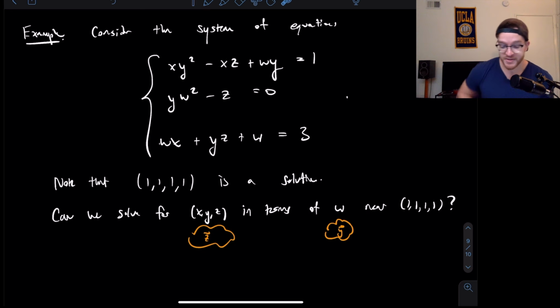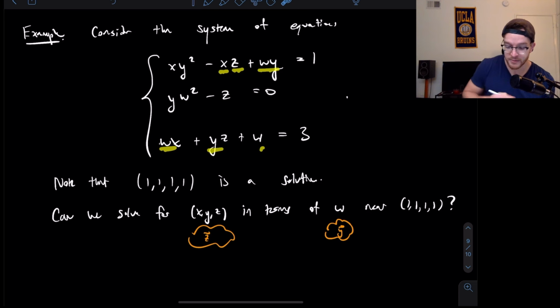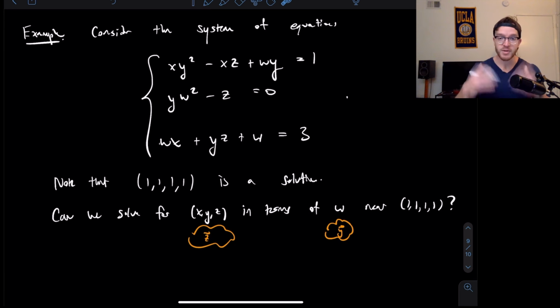Oh, actually, this is highly nonlinear because these are all variables, right? Point is, you can play around with it, but actually doing the algebra, like if we were in high school, to solve for these variables is very difficult, probably impossible. So what do? Use the implicit function theorem.